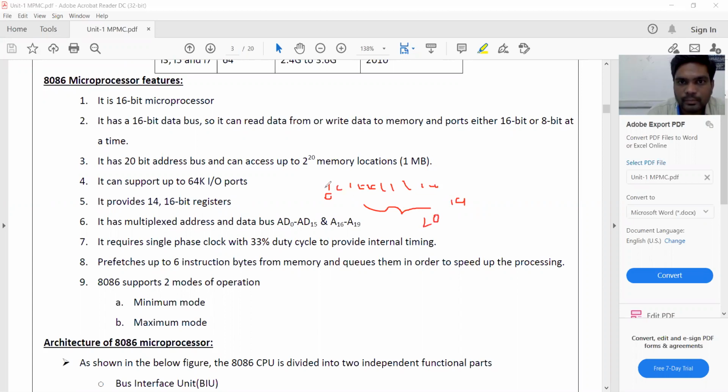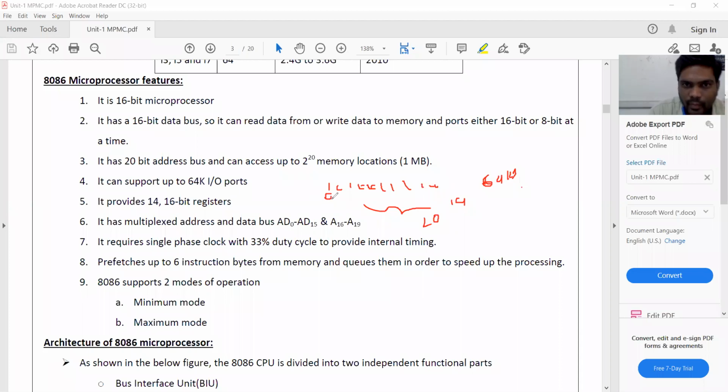Whatever the value in the binary form, that memory location will be accessed. Suppose for values like 10111111, if it is 64 KB, then that particular memory location will be handled, right?